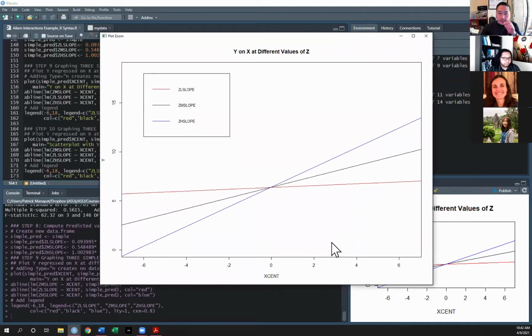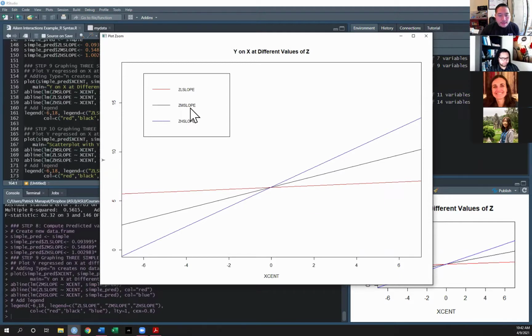And so this is what we've been getting at the whole time. This is X-centered against Y, so we're focusing on the relationship between X and Y. At one standard deviation below the mean of Z, which we call ZL, the line is pretty much flat. That's why our simple regression coefficient was non-significant.